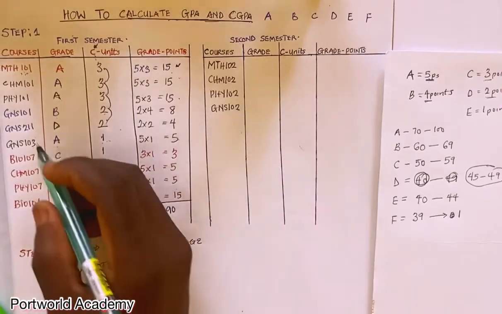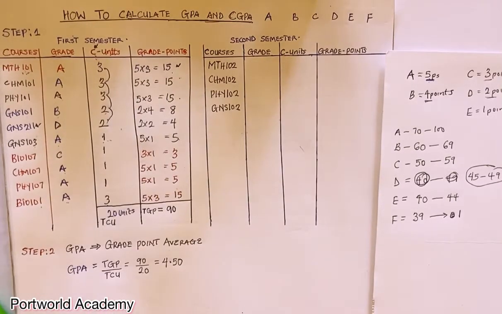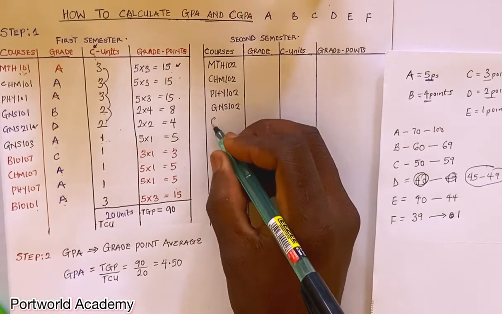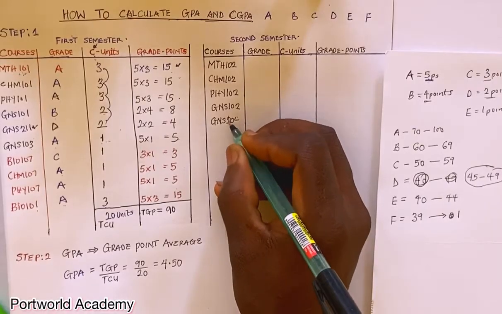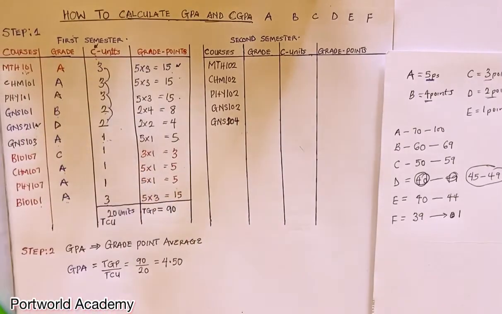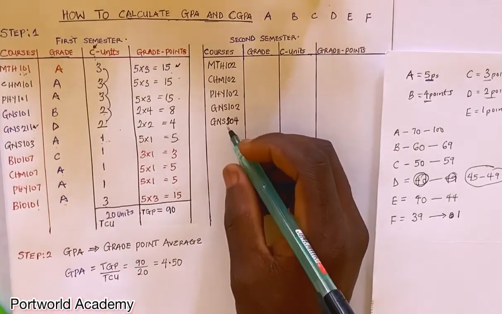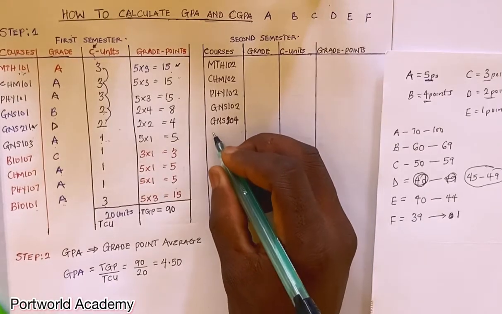Then I'm no more doing French again. What am I doing now? I'm doing history, Nigeria history. That will be GNS 104. So I'm no more doing library again. Thank God. I'm not doing bio.